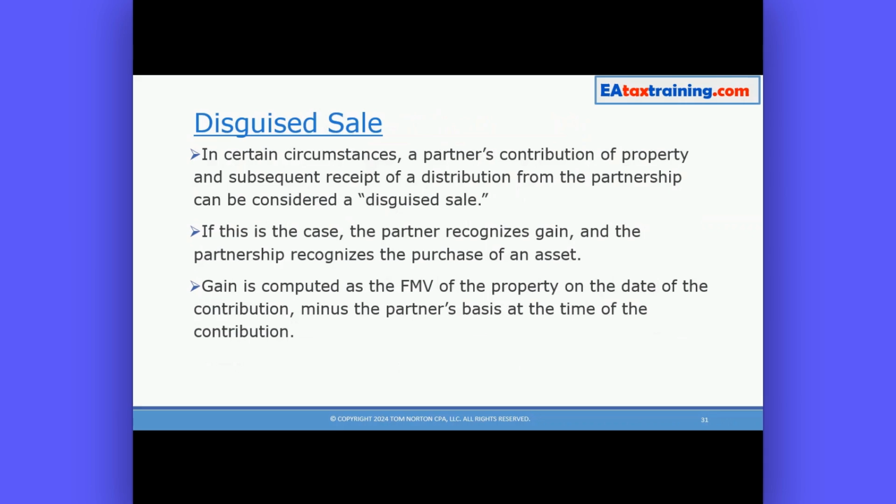So the partnership would still get basis in the asset for the amount that they purchased it for. In other words, for the amount of the distribution that they gave to that partner. And the gain is computed as the fair market value of the property on the date of the contribution minus the partner's basis at the time of the contribution.